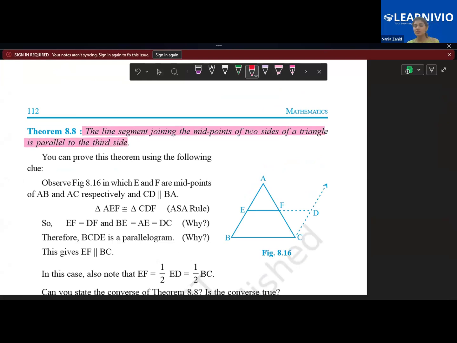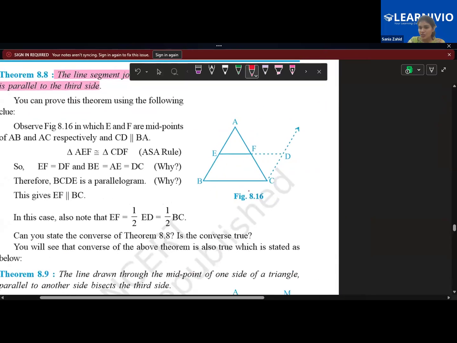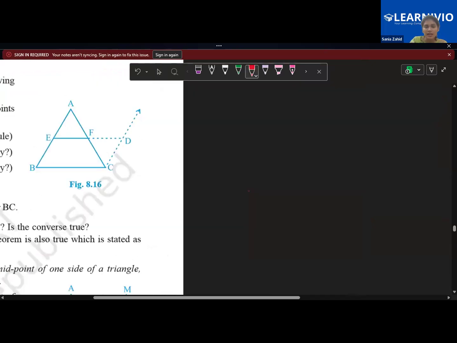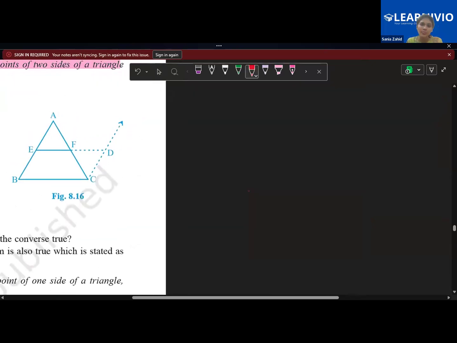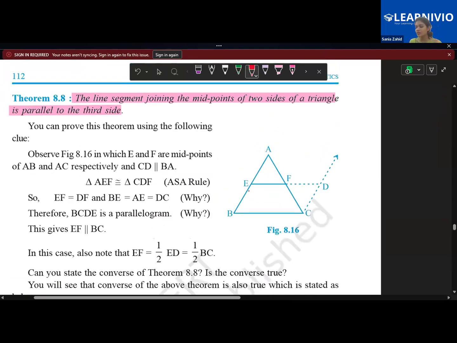So what we do is, first of all, you make a construction. And what is the construction? Children, I'll write the proof over here. First of all, write the theorem. Quickly write the theorem, then I'll tell you the proof.